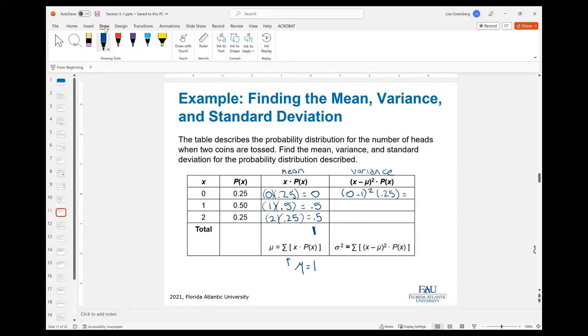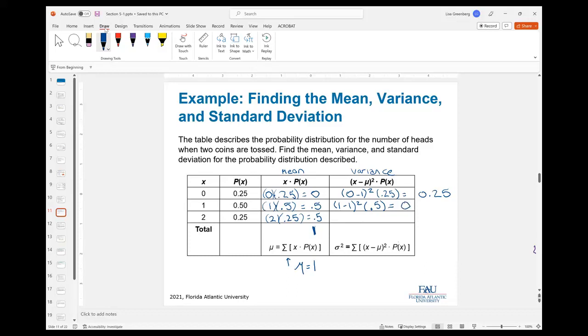And this is going to equal 0.25, because we have 0 minus 1, which is negative 1, I'm sorry, squared is positive 1. 1 times 0.25 is 0.25. Here I have 1 with my x minus my mean squared times my p of x, which is 0.5, which equals 0. 1 minus 1 is 0. 0 times anything is 0.